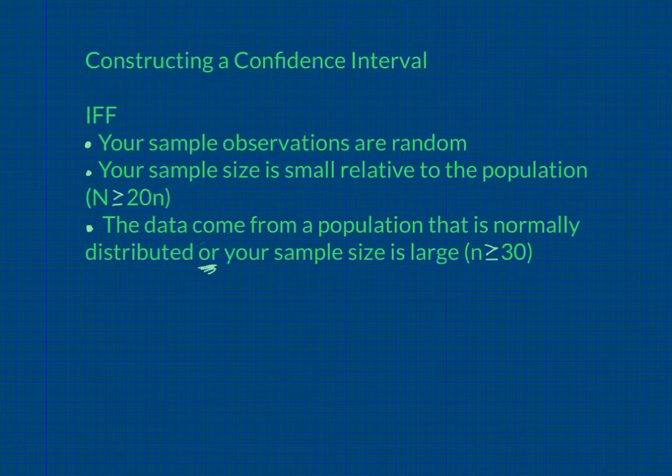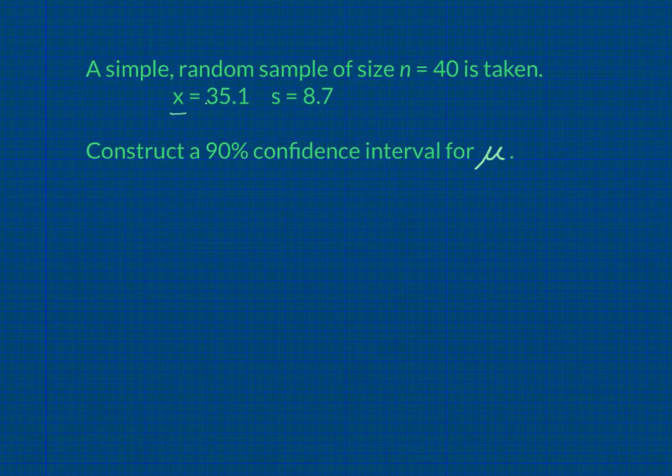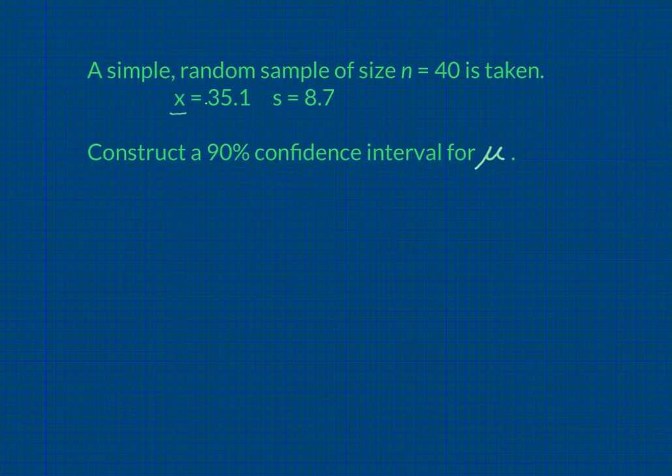So let's look at an example where we have a large sample size, even though we don't know how the population is distributed. So let's construct a 90% confidence interval for the mean of the population when we have taken a sample of size 40 from that population and calculated that the sample mean is 35.1, and the sample standard deviation is 8.7.